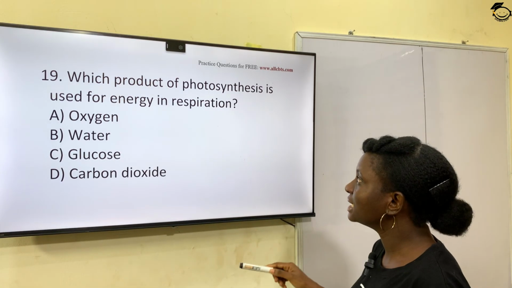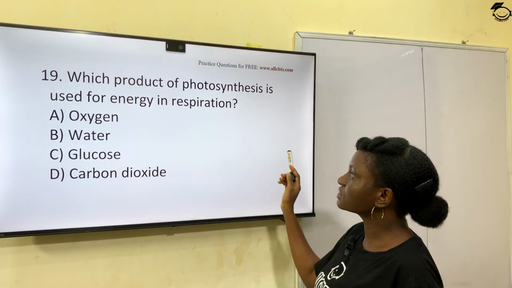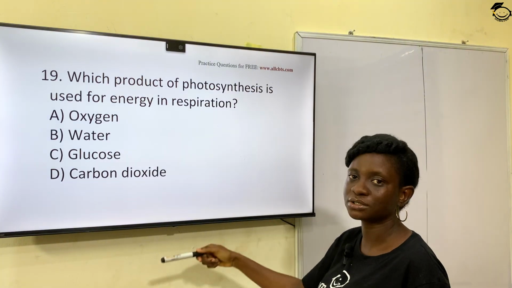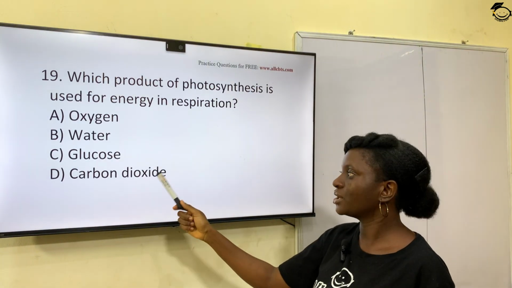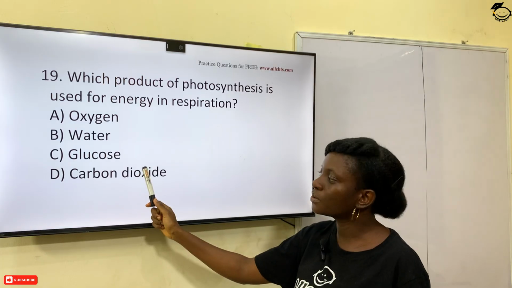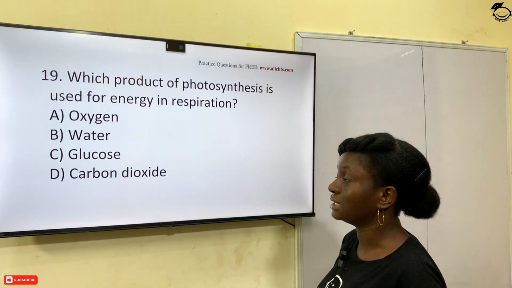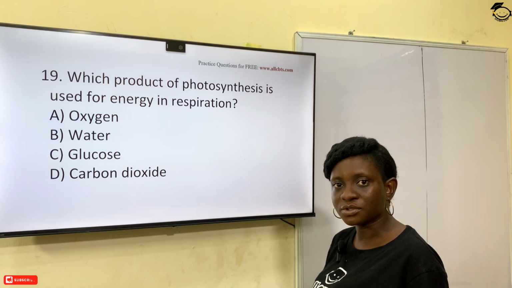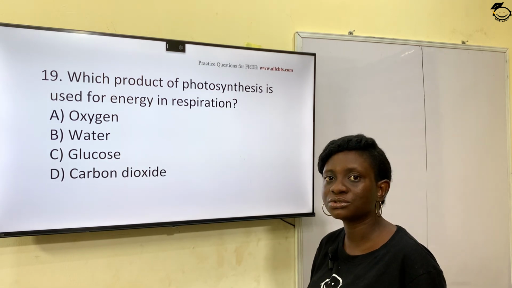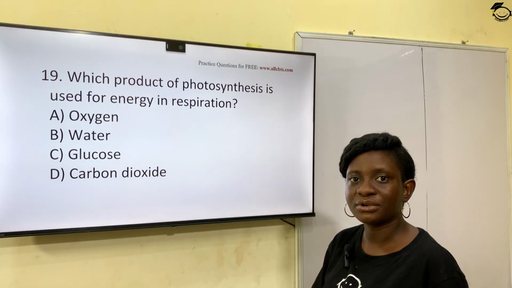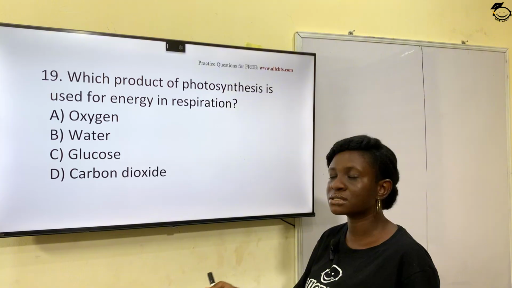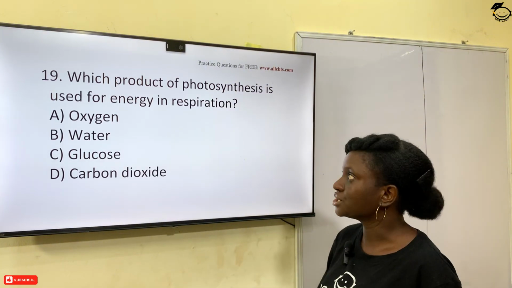Question 19. Which product of photosynthesis is used for energy in respiration? A. Oxygen, B. Water, C. Glucose, D. Carbon dioxide. Looking at the starting materials of photosynthesis, that's CO2 and water in the presence of sunlight, which produce glucose and oxygen.